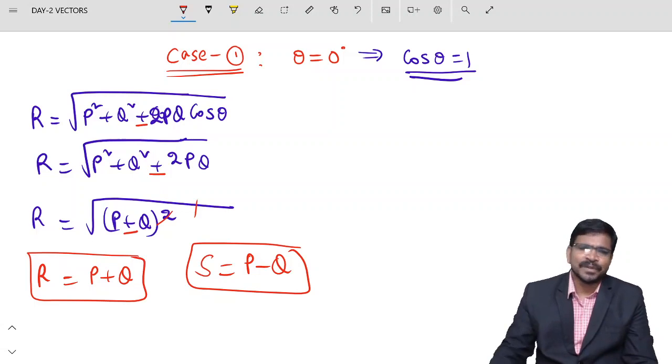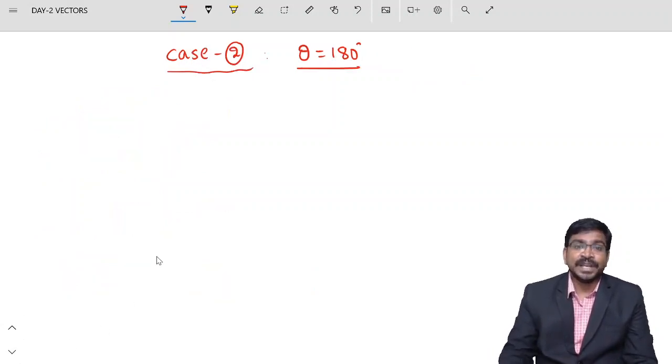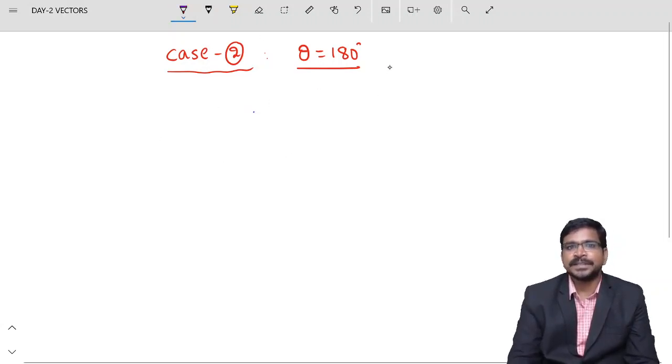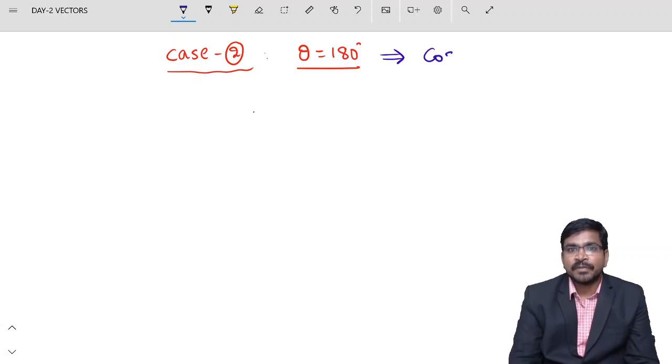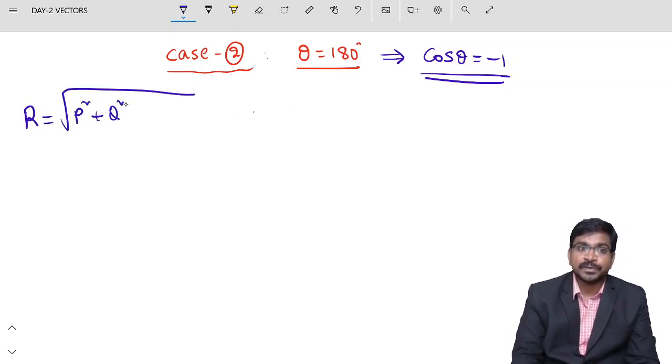Simple. Okay. Now next one, case 2, theta equal to 180 degrees. If theta equal to 180 degrees, cos theta equal to minus 1. In that case, R is equal to square root of P square plus Q square minus 2PQ. So for addition of two vectors, I will get P minus Q simply.